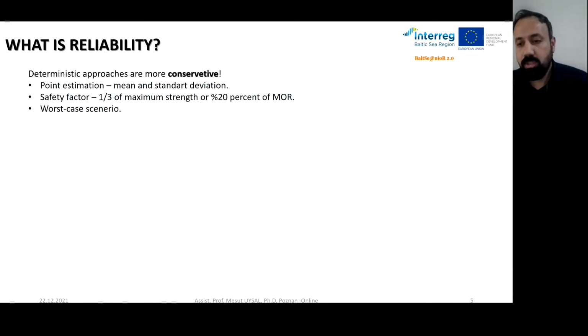Or we can use a worst case scenario. We just think about what our worst case is, and we apply this scenario to our furniture. For example, we just choose the heaviest person in the population and measure, and we can get that person in the laboratory.